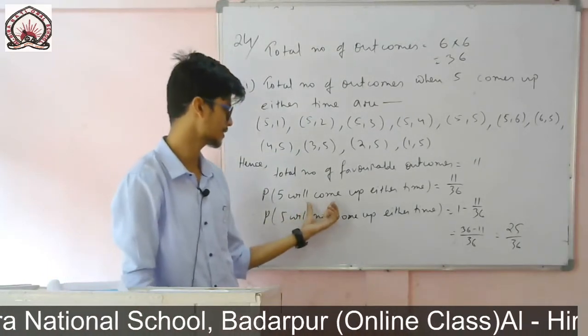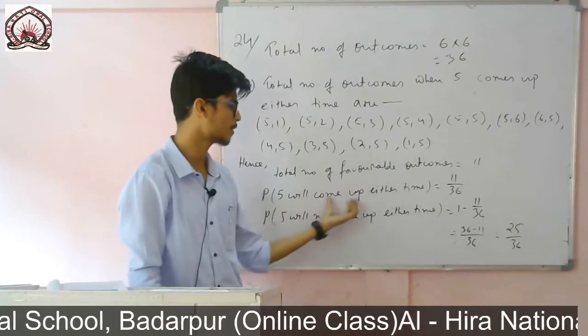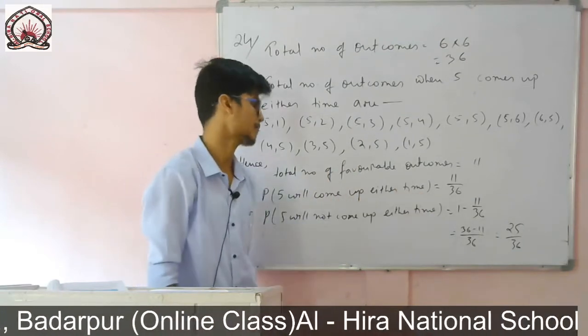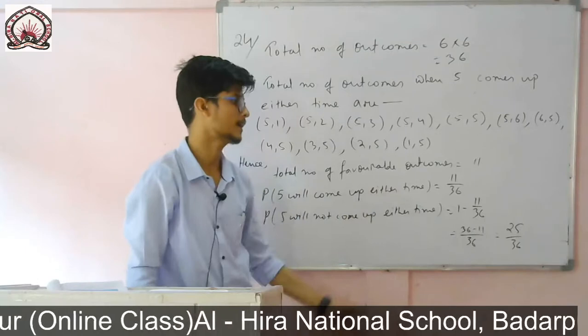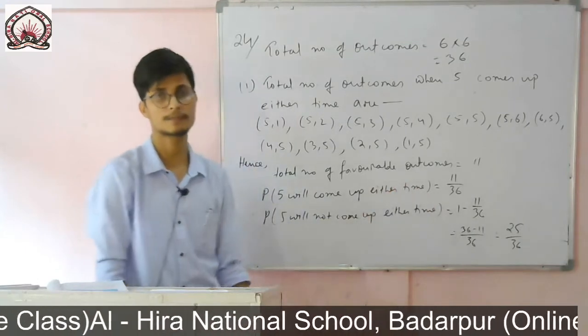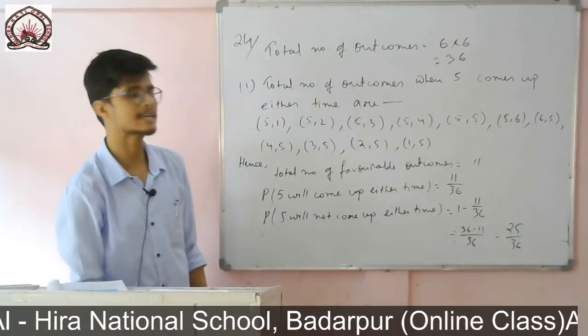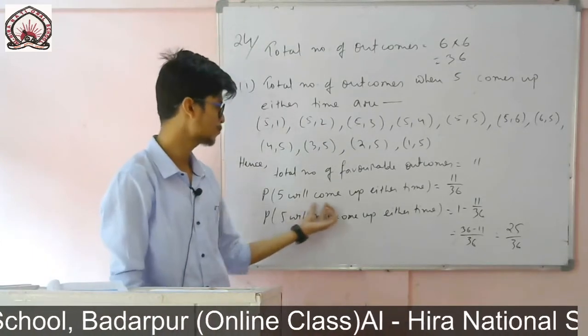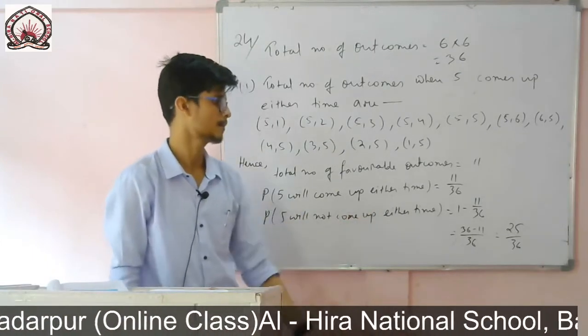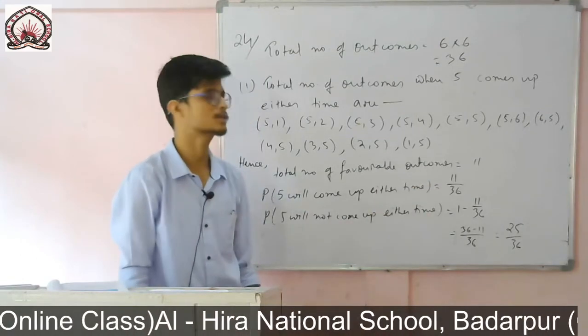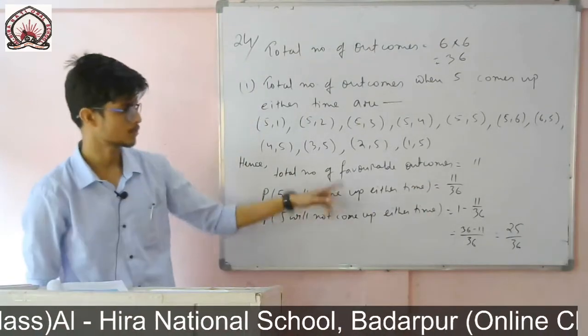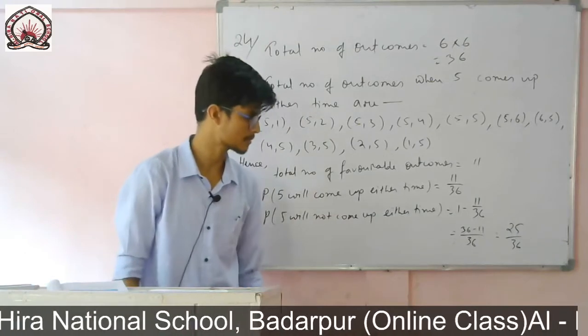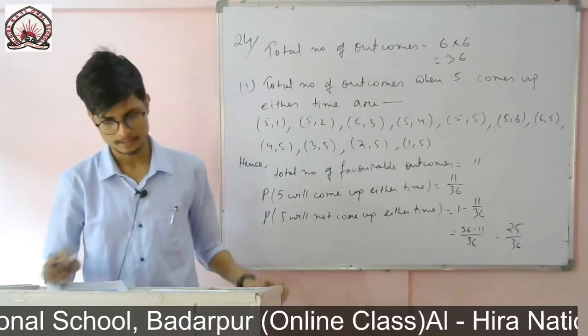First I found in how many cases 5 will come up, because that is easy to find. Then if I find the reverse, we know the formula, probability of E plus probability of not E is always equal to 1. So I have used that formula. 5 will not come up equals 1 minus the probability that 5 will come up, which is 1 minus 11 by 36. So 36 minus 11, that is 25 by 36.